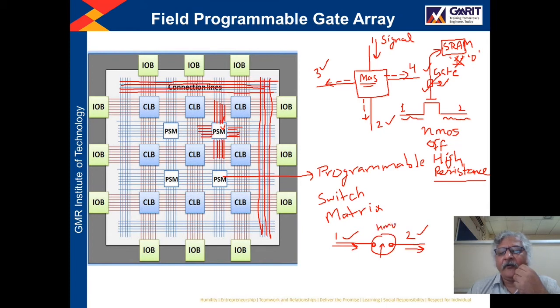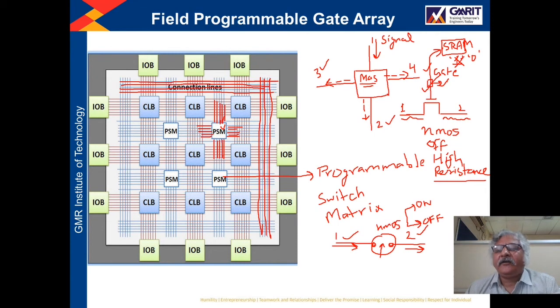If we want to make the connection between wire 1 and wire 2, we make our NMOS on, and if we want to disconnect wire 1 and wire 2, we make the NMOS off. How to make the NMOS on and off? By applying plus 5 volt or 0 volt to the gate.